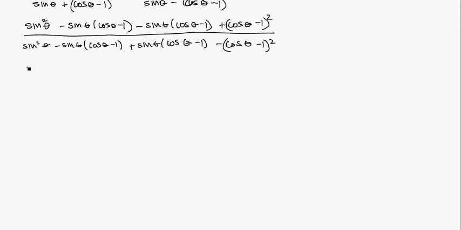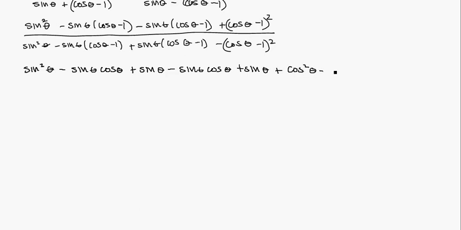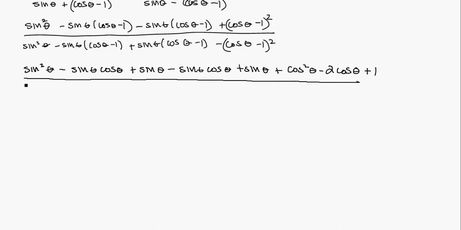So I'm going to multiply now here, so I get sine squared theta minus sine theta cosine theta plus sine theta minus sine theta cosine theta plus sine theta plus, if I multiply this binomial here, I get cosine squared theta minus 2 cosine theta plus 1, all over sine squared theta minus sine theta cosine theta plus sine theta.